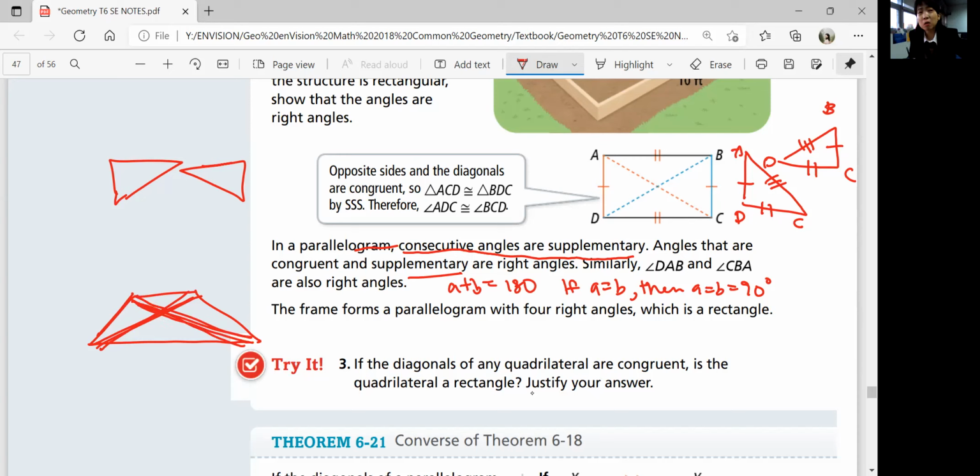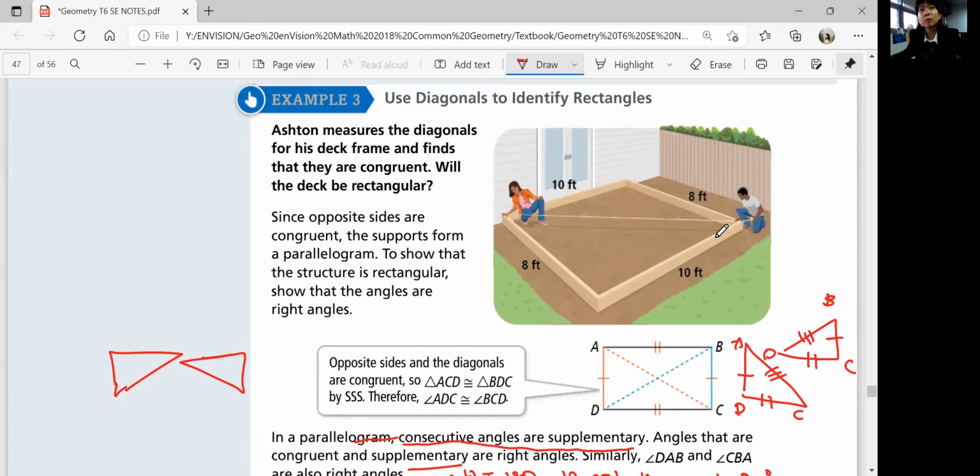Is it a rectangle? No, not really. So what makes it a rectangle? Not just congruent diagonals, but also they need to bisect each other.